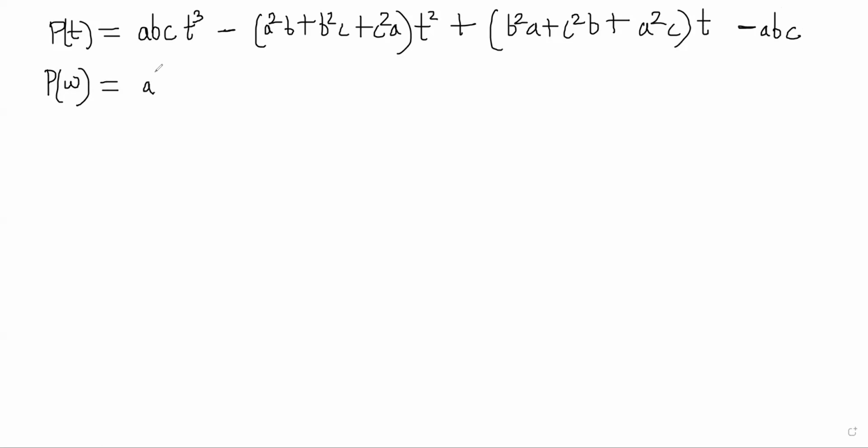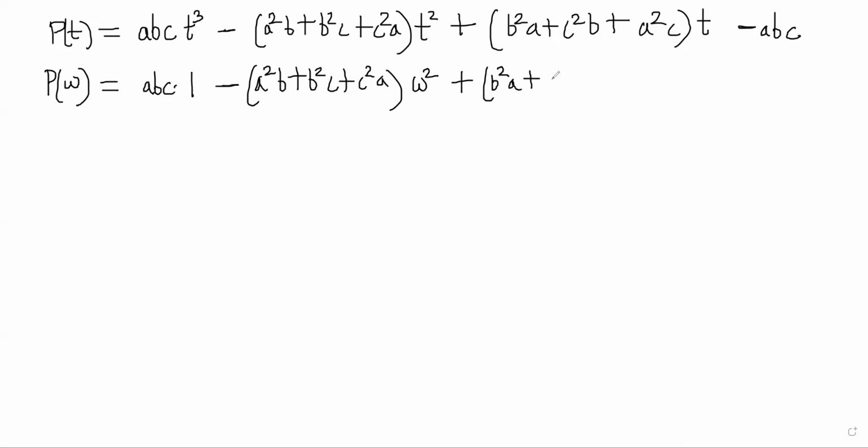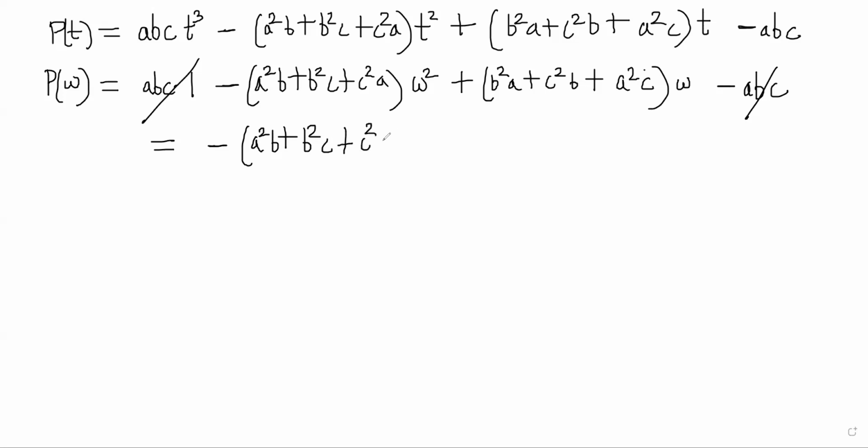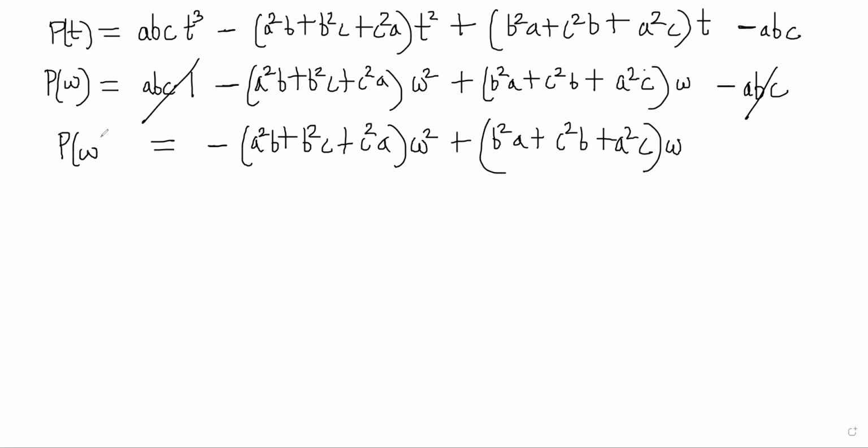Obviously, this becomes abc times w cube, which is 1, minus (a square b plus b square c plus c square a) w square, plus (b square a plus c square b plus a square c) w, and this is minus abc. So notice that the abc and the abc get cancelled, and you have basically minus (a square b plus b square c plus c square a) w square plus (b square a plus c square b plus a square c) times w, right? This is p of w, right?